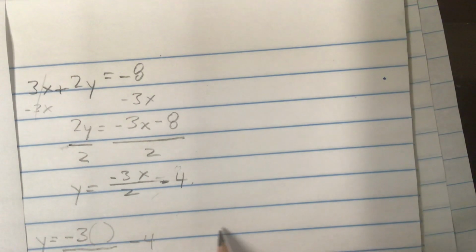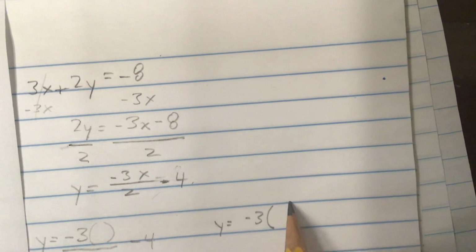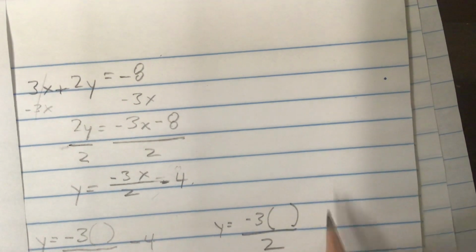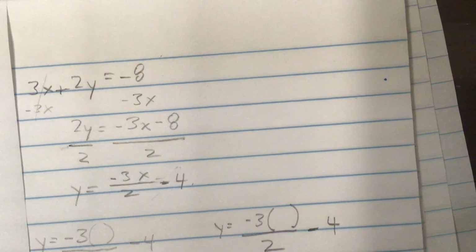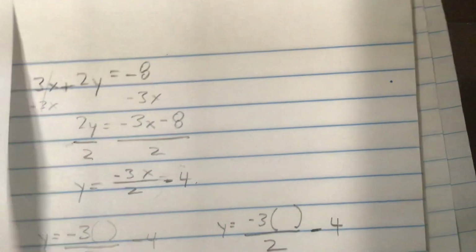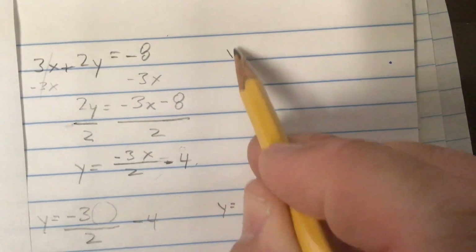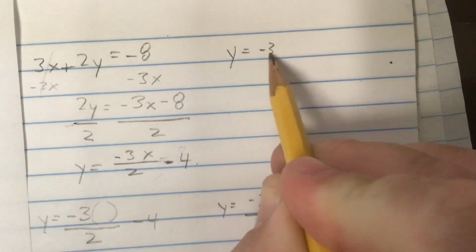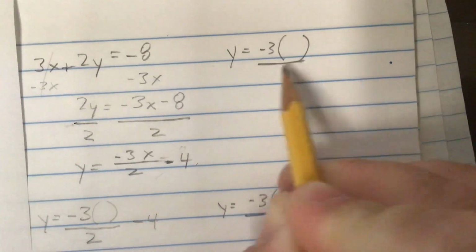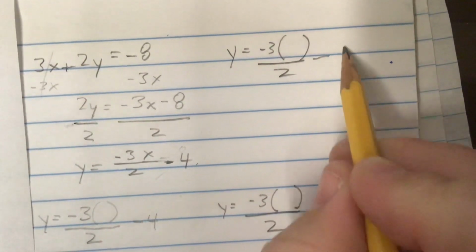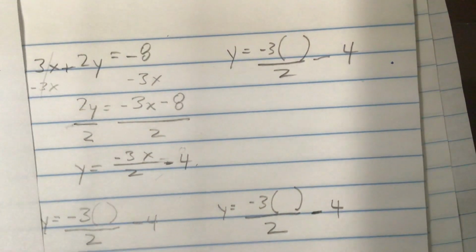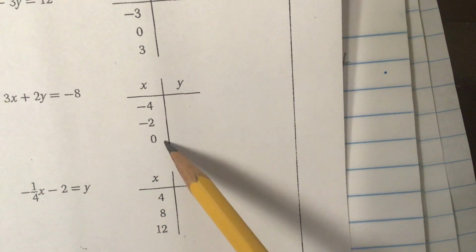So there's the first one, and then y equals negative 3 parenthesis over 2 minus 4, and one more time right here: y equals negative 3 parenthesis over 2 minus 4.